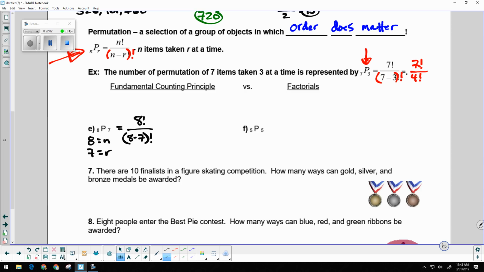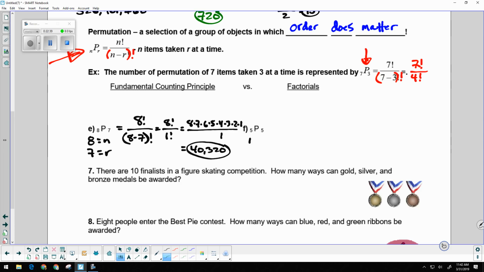In other words, this is 8 factorial over 1 factorial, which is really 8 times 7 times 6 times 5 times 4 times 3 times 2 times 1 over 1 factorial. That doesn't really help us, but we do all that multiplication in the numerator and then divide it by 1 if you want. 40,320.